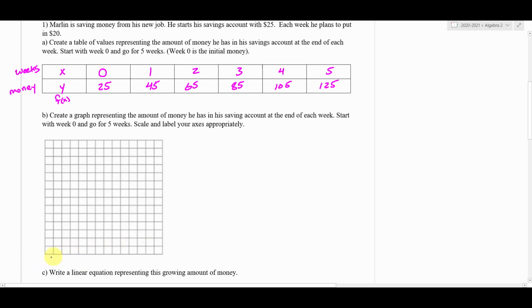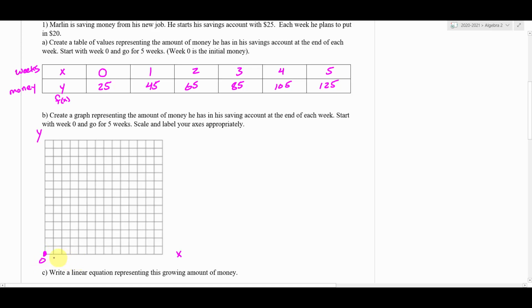I'm going to let the x-axis be down here at the very bottom, and the y-axis will be here on the very left. So I'm just going to label that real quick. I'm going to call this x, and I'll call this up here y. So this will be our origin at 0, 0. Okay, so I'm going to say this is 0.